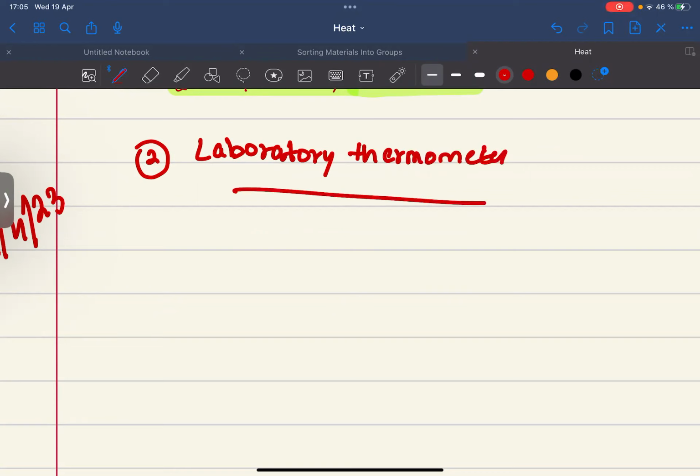The first thermometer is only for the body. Other than the body, you have many other things you need to check the temperature of. For this purpose, there are other thermometers. One such thermometer is the laboratory thermometer.